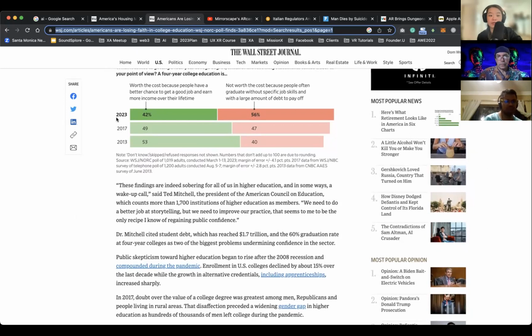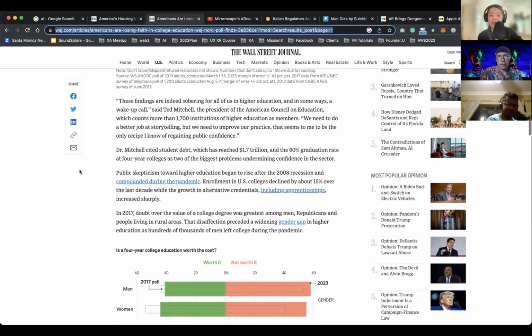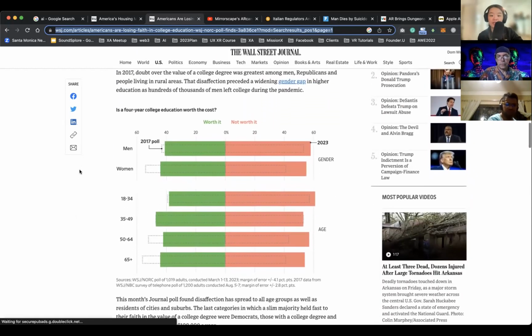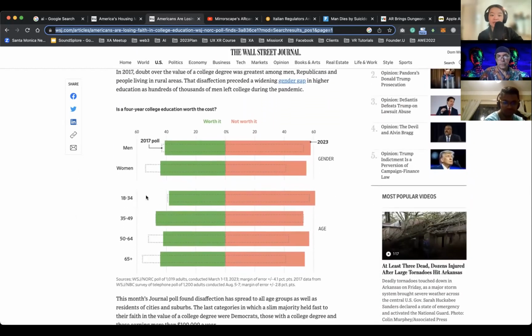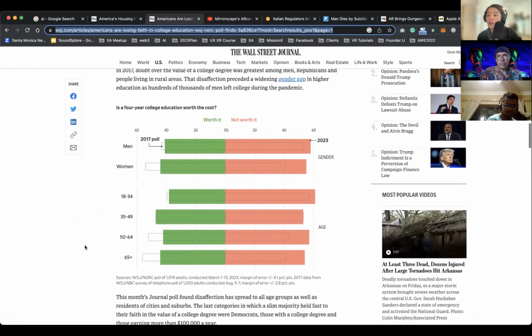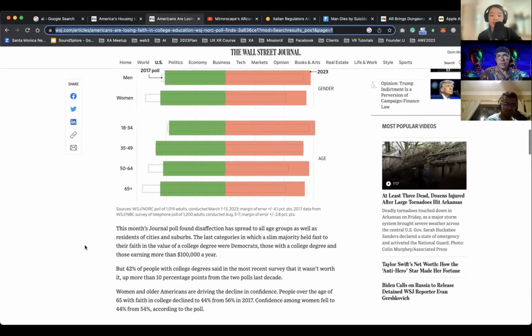So they start having less faith in the traditional college. You see, in 2023, more people think it's not worth it, 56% versus the people who believe it is, 42%. You see, according to gender and age, people start thinking that traditional college education is not worth it.